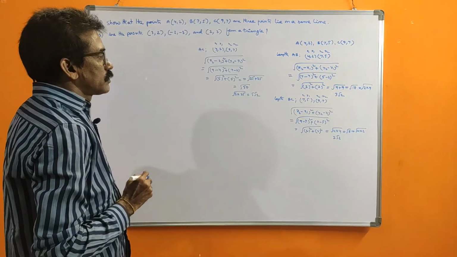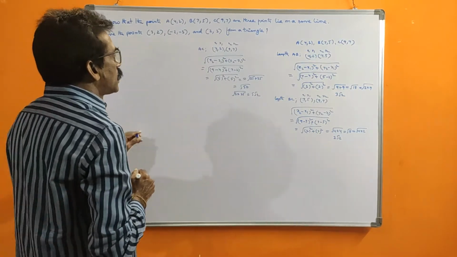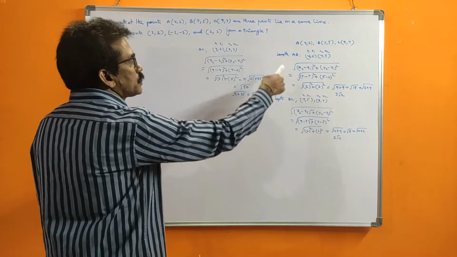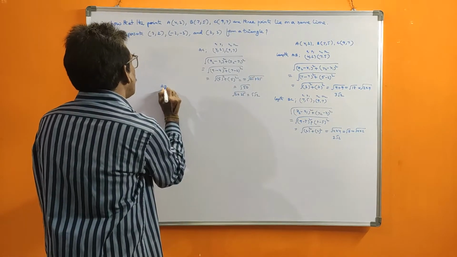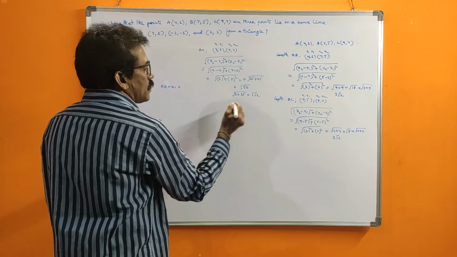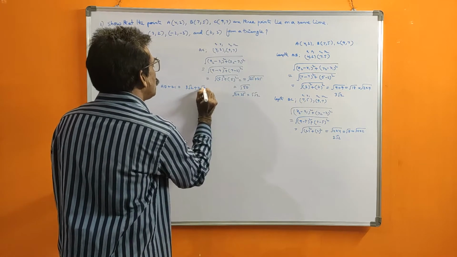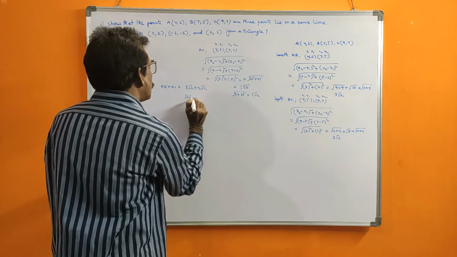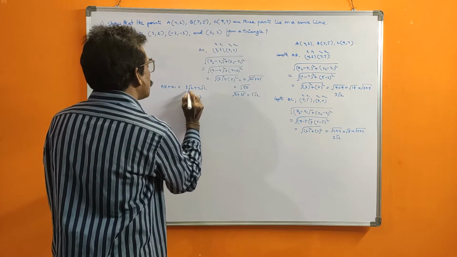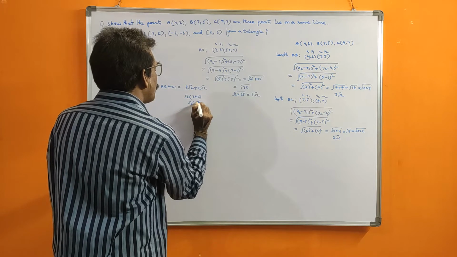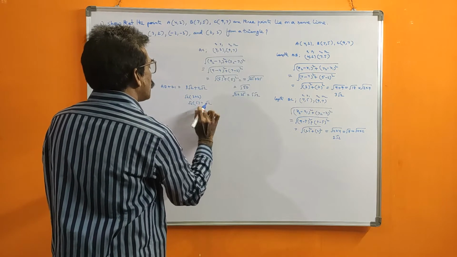So AC is 5 root 2. Now you observe and check that condition. AB plus BC: AB is 3 root 2, BC is 2 root 2, root 2 is common, 3 plus 2 is 5, that is 5 root 2.